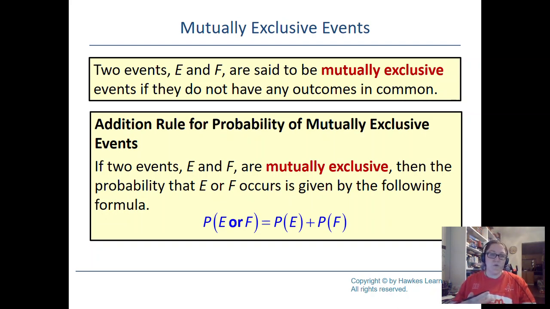So the addition rule for probability for something that's mutually exclusive is basically the exact same rule, except at this point, instead of subtracting the probability of E and F, this is 0. So because that whole thing goes to 0, and this is only if these events are mutually exclusive, then ladies and gentlemen, you're just left with this pretty formula here.